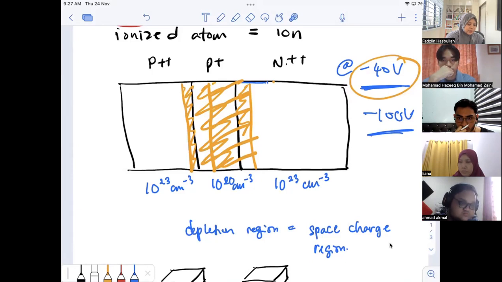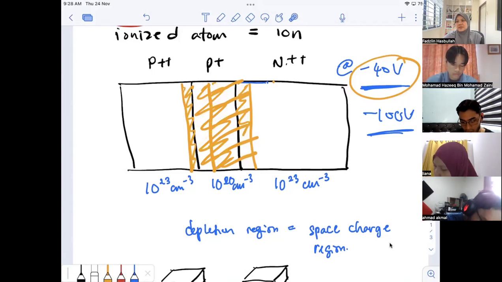So Alfian tu patut draw ke sini sikit, but overall this side should be smaller than this side. Sebab the negative voltage kat sini dia cover kat sini saja. Yang ni dia cover yang ni plus yang ni. So that's why at the P++, the depletion region must be smaller than the N++ side. Okay.